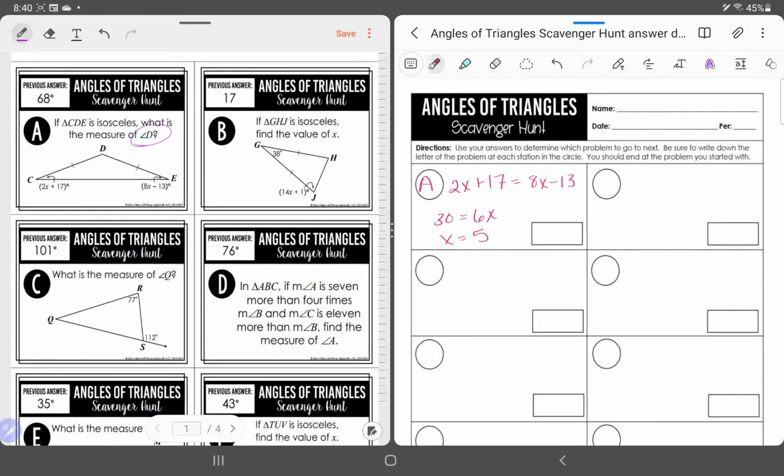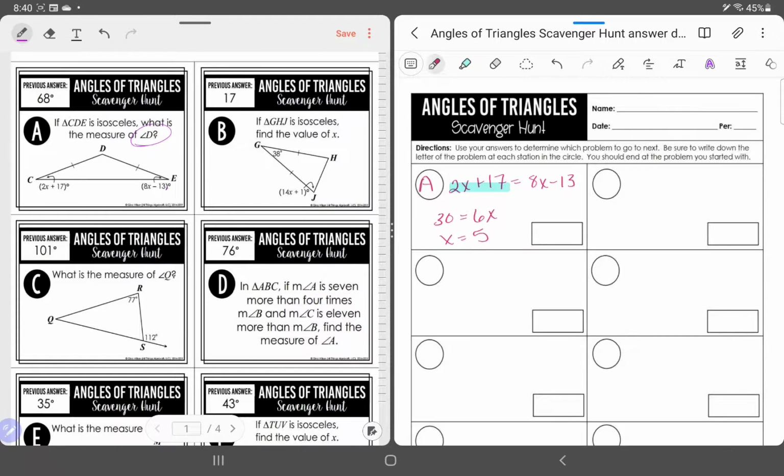Then I need to use the 5 to find out what is angle D. As you can see, there's probably not a lot of space to write, but basically I can find out what C or E equals. C is this one that says 2x plus 17. 2 times 5 is 10, plus 17 is 27.